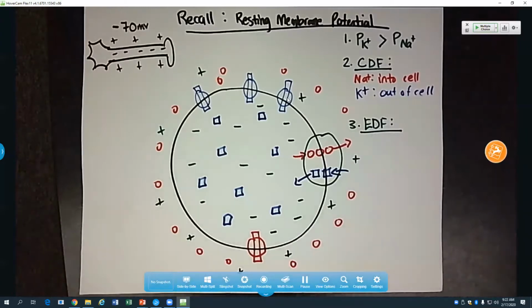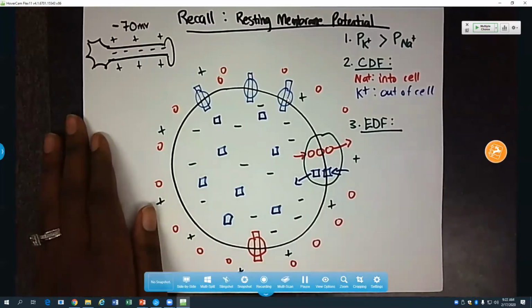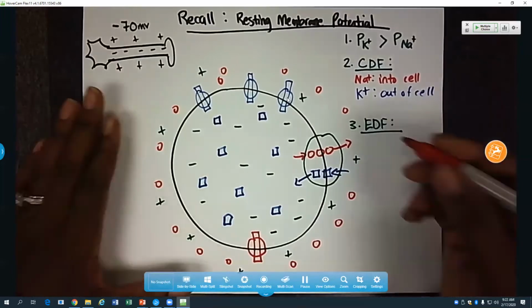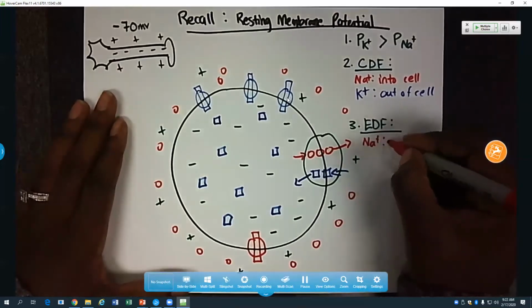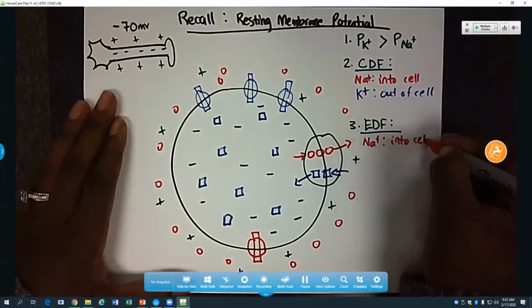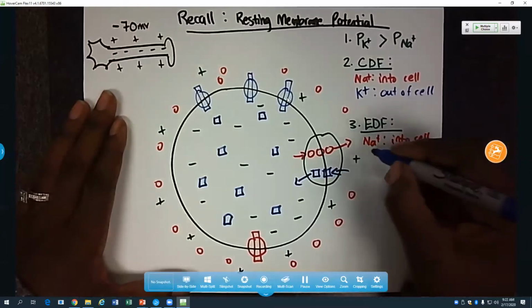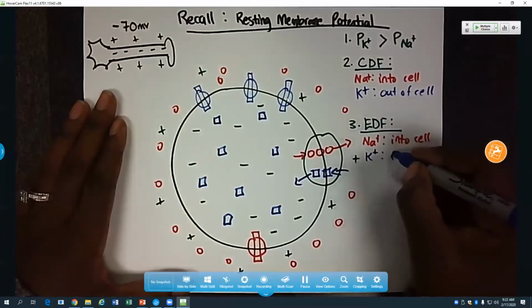So they're both positively charged. Where does positive want to get to? Negative environment or positive environment? The negative environment, right? So they're both going to try to get into the cell according to their EDF. So sodium into the cell and potassium is also moving into the cell.